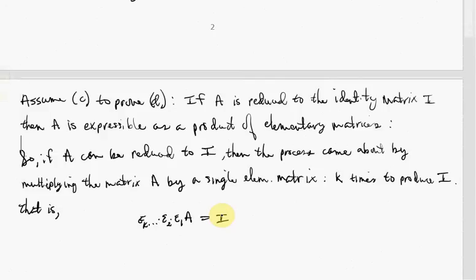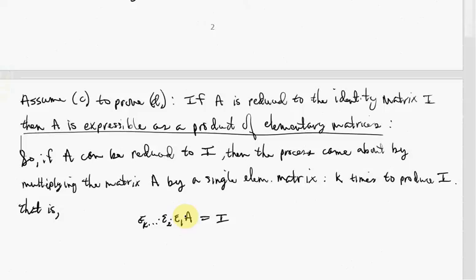But notice here that it says that if A is reduced to the identity matrix, then A is expressible as a product of elementary matrices. Here, what I've done was to only express the identity matrix as a product of elementary matrices times A. So I still don't have what I need. What we're trying to prove, it says to assume that A is reducible to the identity matrix.